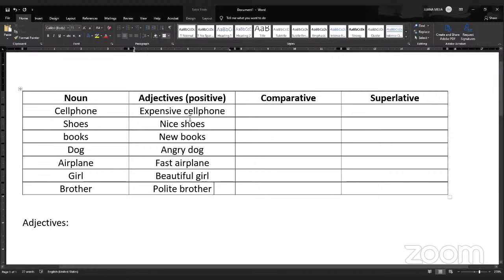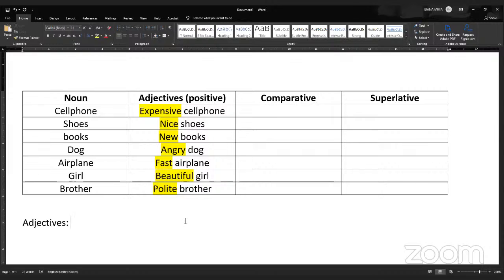Okay, guys, as I said, this is going to be pretty easy for you. So I'm going to highlight the adjectives. Give me a minute. Well, there you go. In the second column, we have the adjectives, and they are in positive.